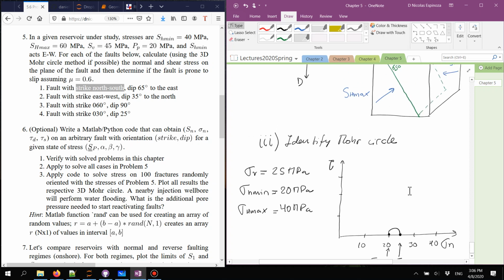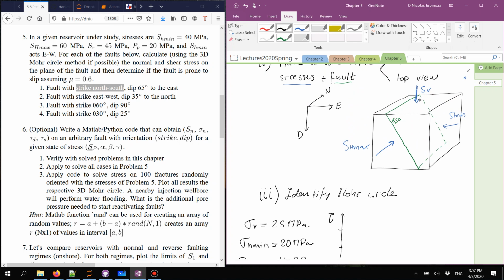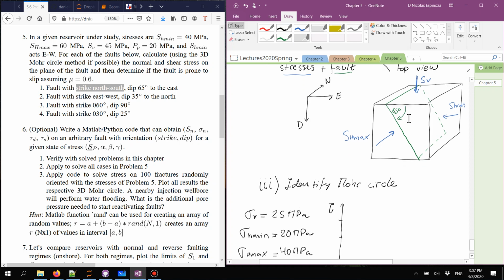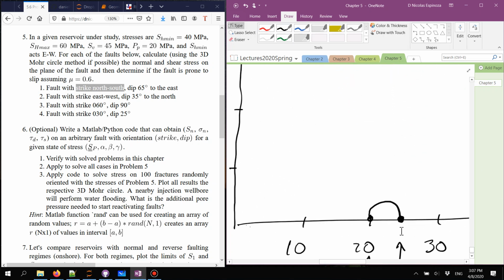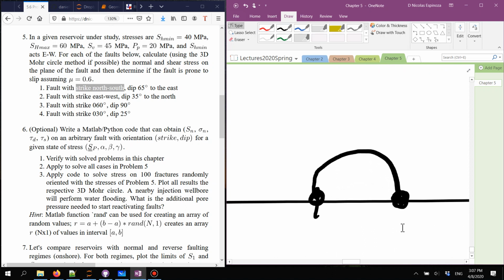It is going to be the angle from the plane of the maximum stress to the plane of the minimum stress. And for this particular case, that angle is going to be 65 degrees.